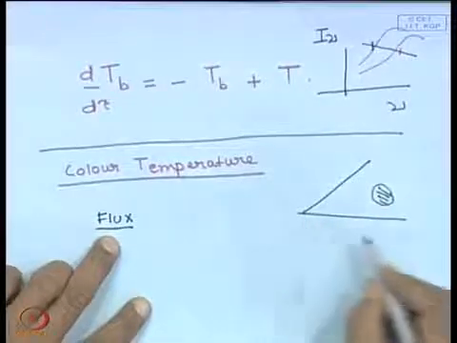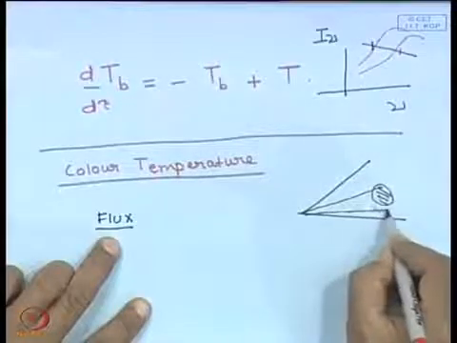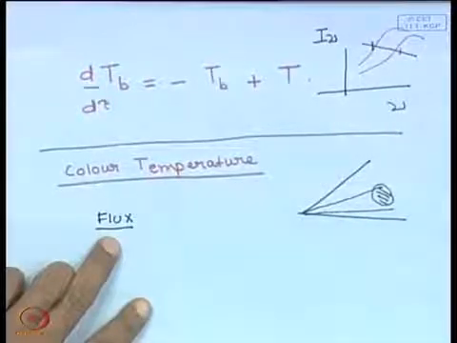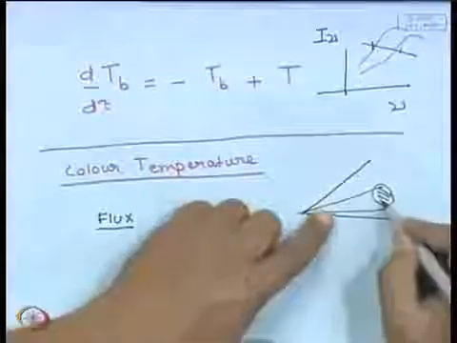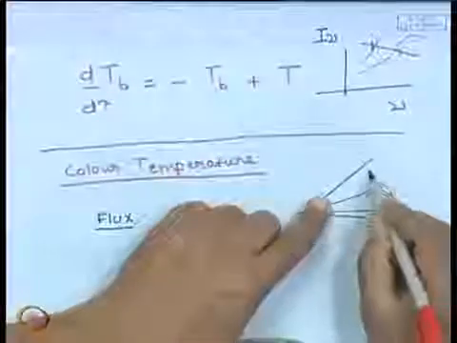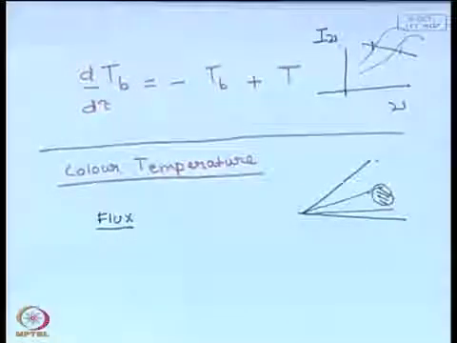To determine the specific intensity, the brightness, I have to divide by the solid angle subtended by the source. That will be some number. But I cannot do this because I cannot determine this. It is smaller than the smallest angle I can measure with my telescope, which happens for example to stars. I cannot determine the angular diameter of stars. It is much smaller than the resolution, the smallest angle that can be measured by most telescopes.